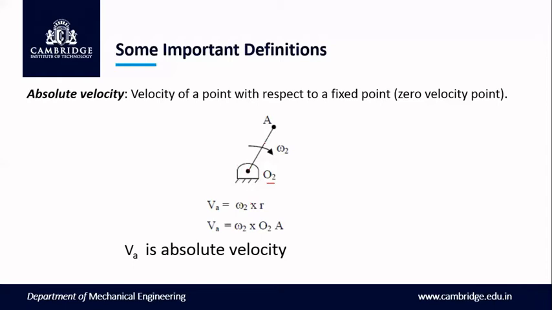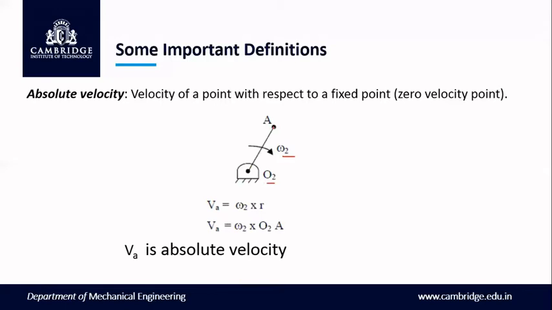Assume this link is rotating in a clockwise direction with angular velocity omega 2. Hence, the point A will have some velocity with respect to O2. This is called as absolute velocity. The velocity of point A with respect to O2 is called as absolute velocity because we are measuring the velocity of point A with respect to a fixed point.